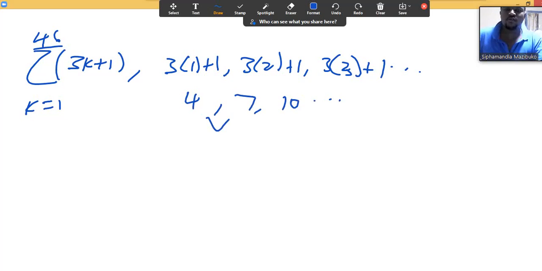Obviously 7 minus 4 is 3, and 10 minus 7 is 3. So 3 is our d, and a is equal to 4, our first term.